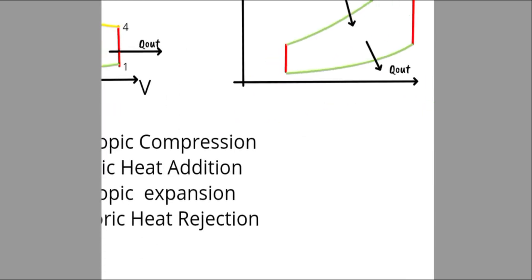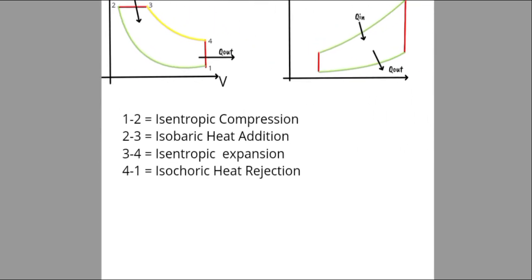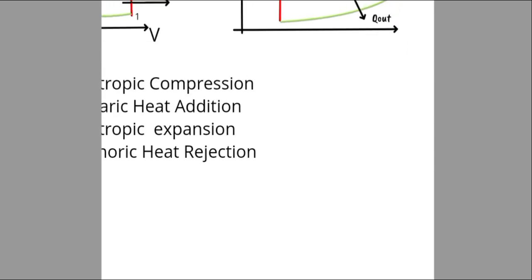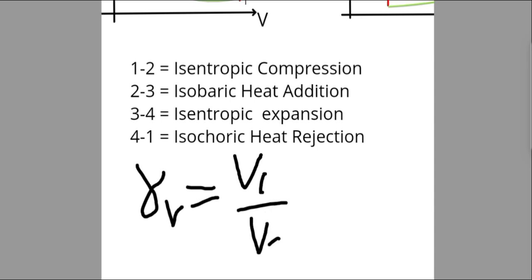Now let us look at the values that I just talked about, which are the compression ratio and the other ratios. Our compression ratio equals V1 over V2 as usual, and most of the time that is what is going to be given.